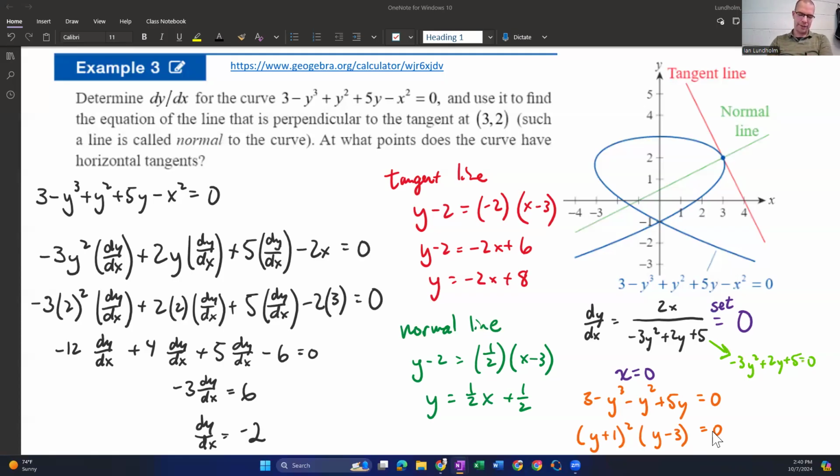Now, this is a quadratic. Can I do this? I should be able to do this. Negative 3y and a y. We need a 5 and a 1, and we need the middle to come out to 2. So we want to do 5 times 1. Okay, so plus 5, and then we want a plus 1 here.